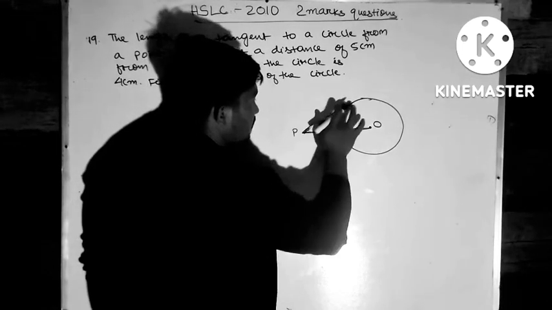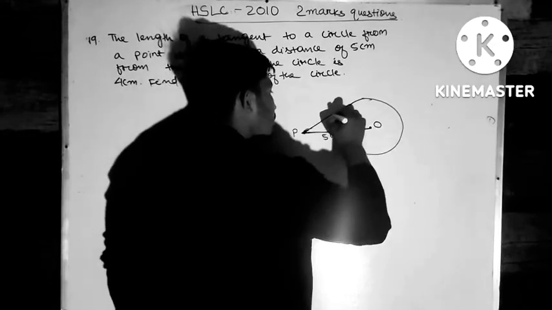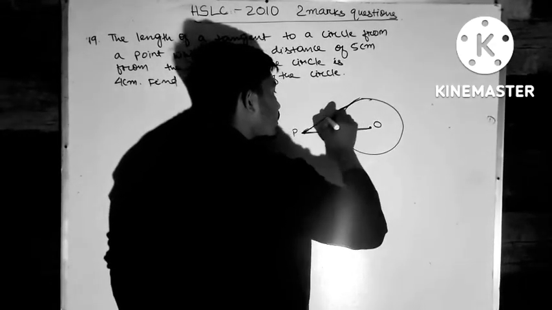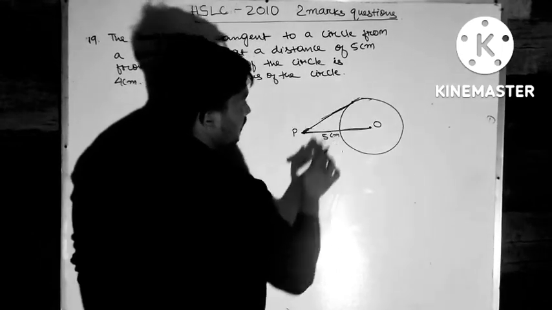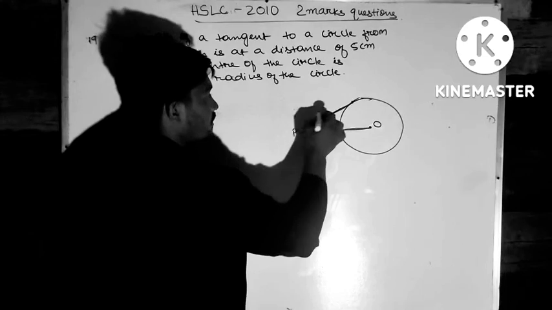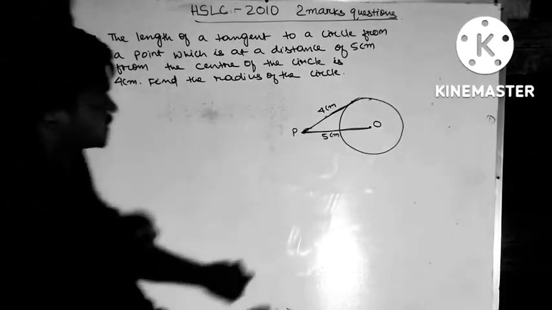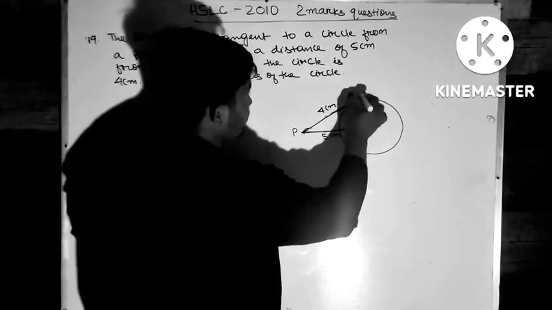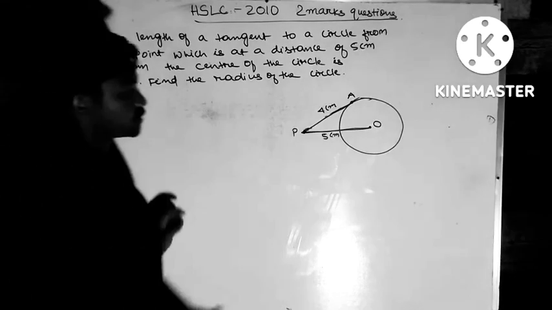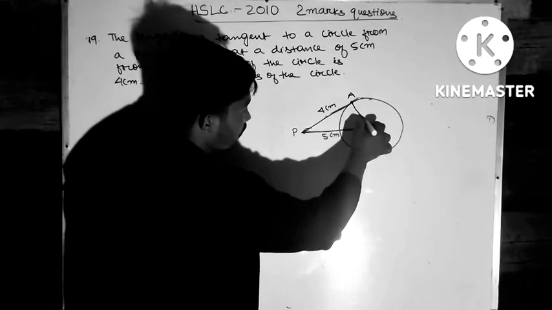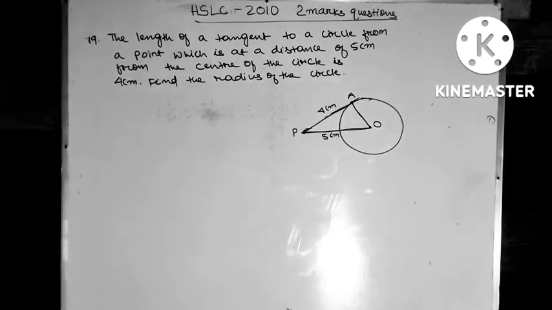The length of this tangent is 4 centimeters according to the question. We have to find the radius of the circle. The radius will be this OA. So we have to find that.